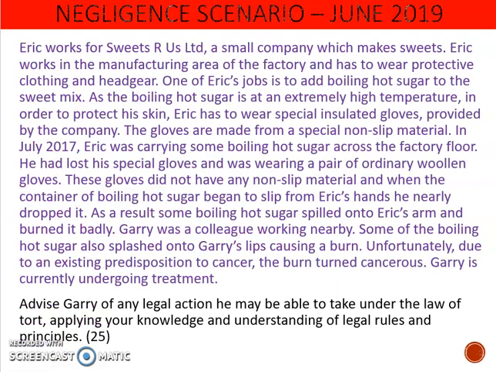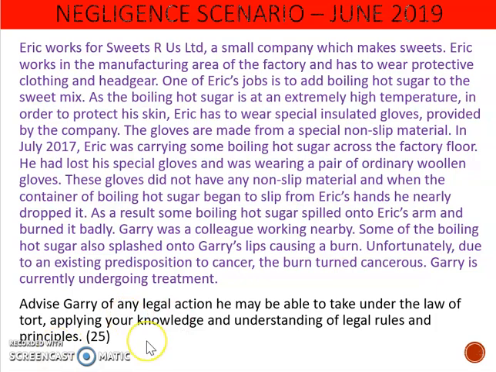On this slide here, I've got a negligence scenario which was taken from the June 2019 exam paper. Now this particular scenario actually has two torts in it. It's got negligence in it and it's got vicarious liability in. For now, we are only going to look at the negligence aspect.